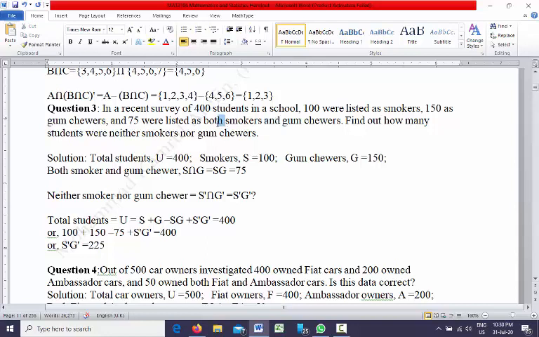These 75 students smoke and at the same time chew gum.